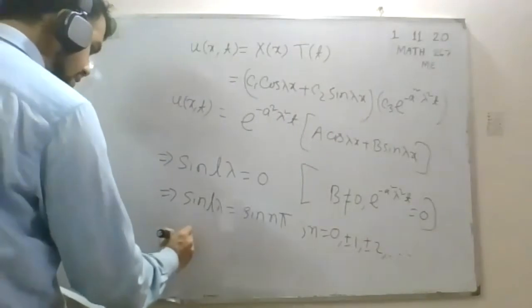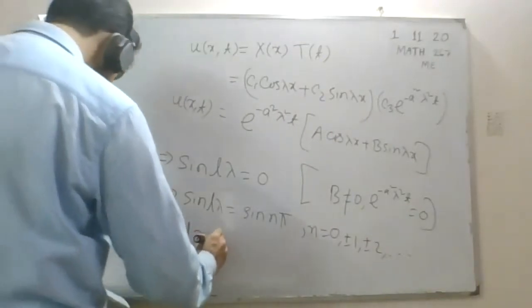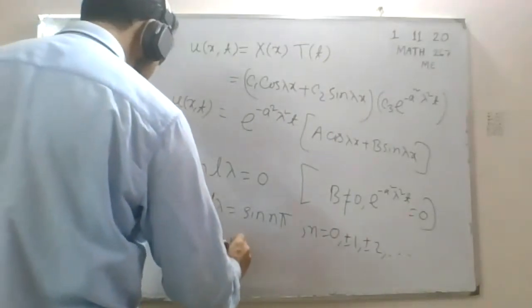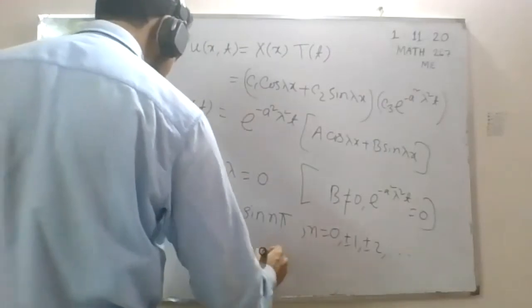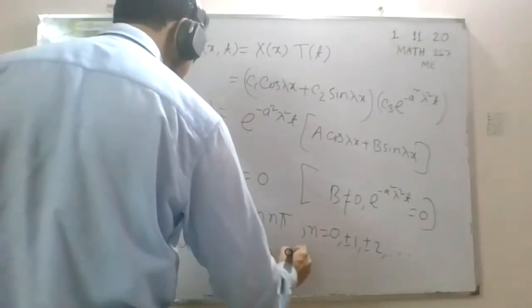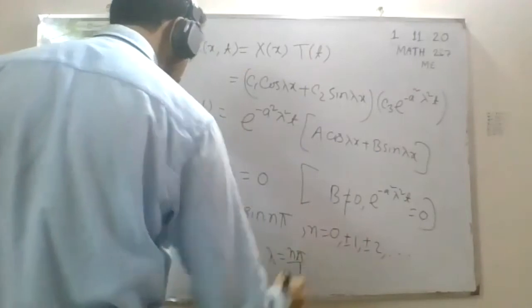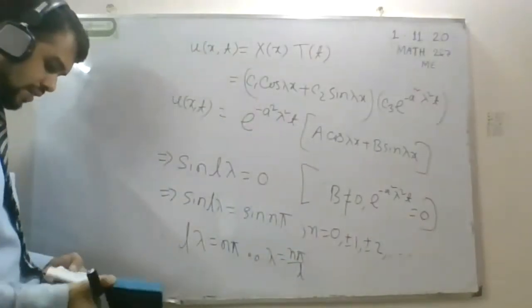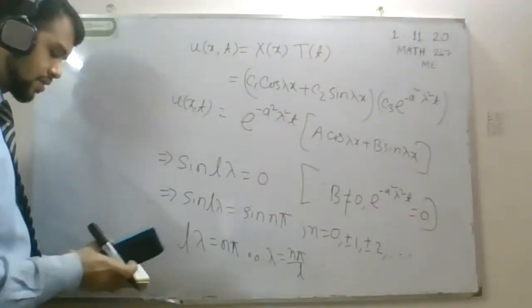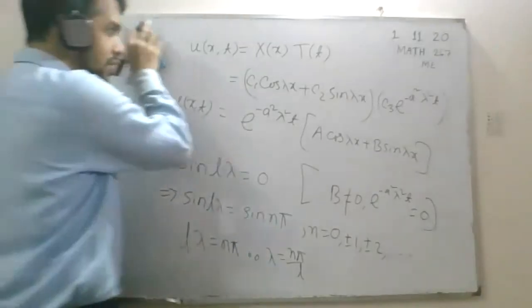And after that you can say this is l lambda equals n pi. That means here lambda equals n pi by l. Okay, so you can get here the values of lambda and also the values of A.